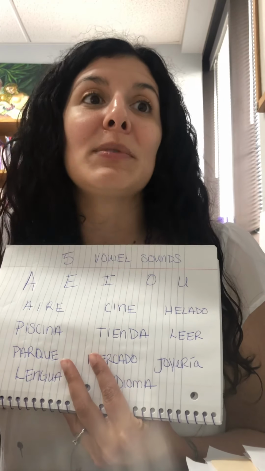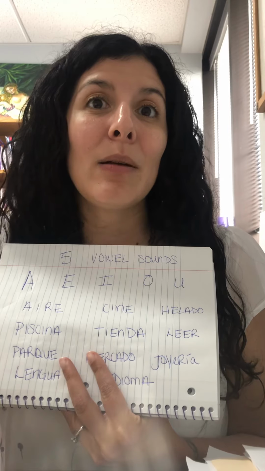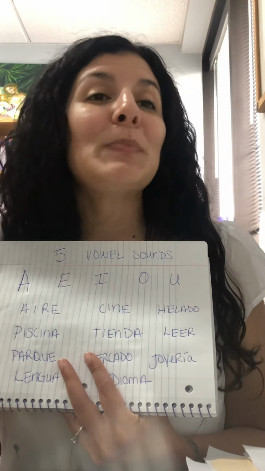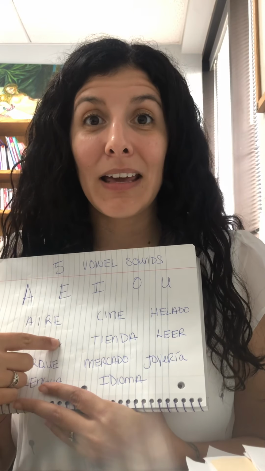For example, whenever we say the word light, we have a GHT, but it's completely left off whenever we say it. But in Spanish, you would leave nothing out, right? So for example, here I have aire, aire.